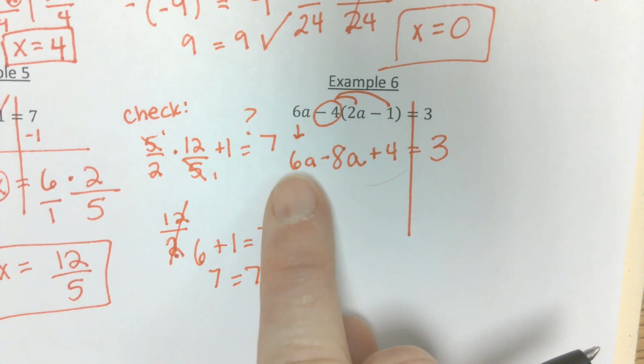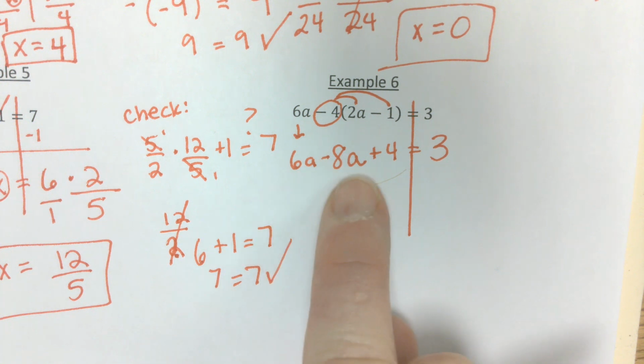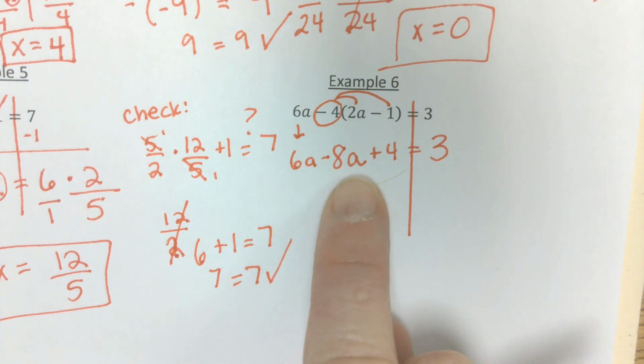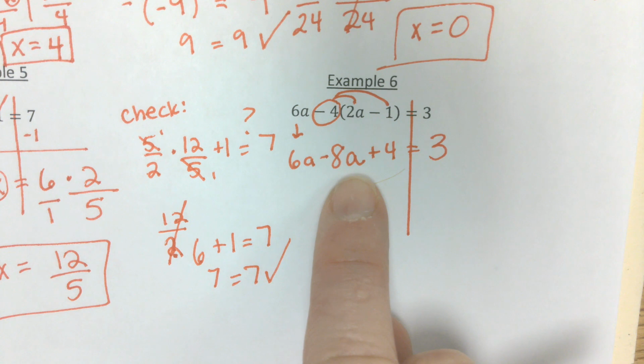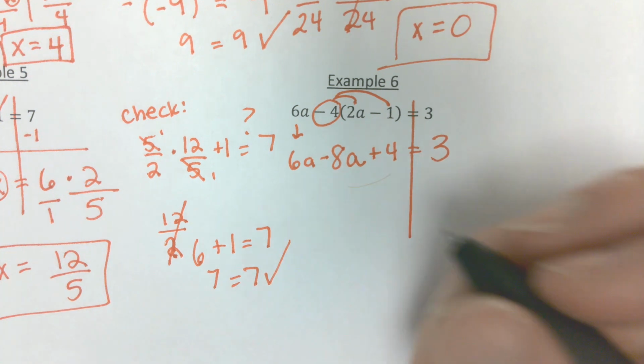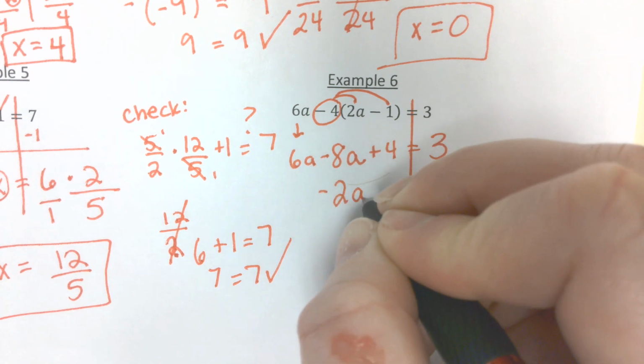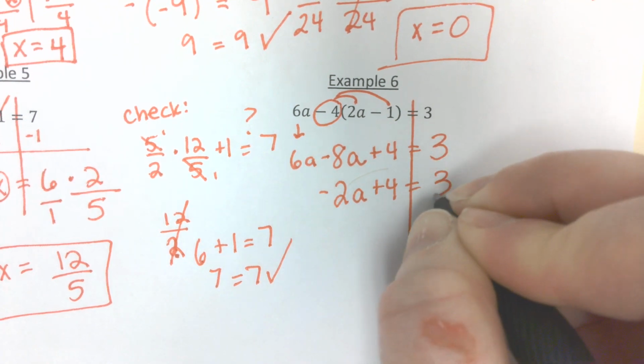So this is like saying I have 6 apples minus 8 apples. What does that mean? 6 apples minus 8 apples. Do I even have any apples left? I'm actually in the negative. -2 apples. +4 equals 3.